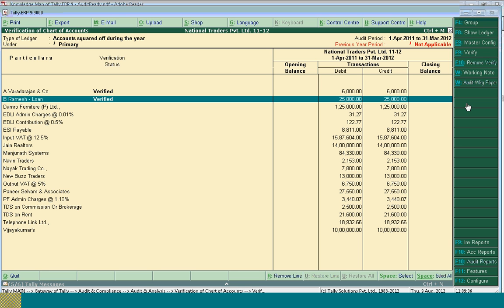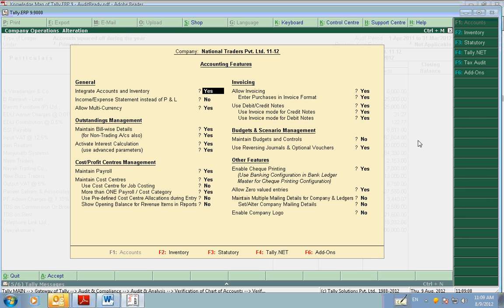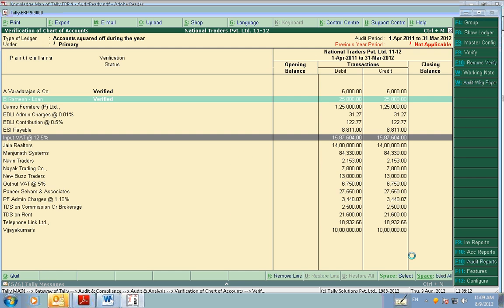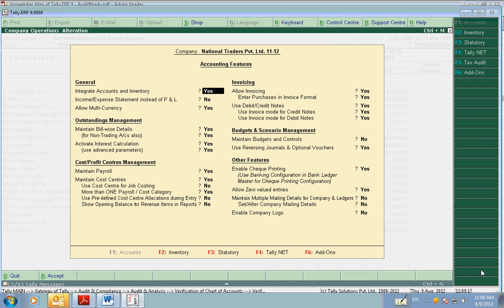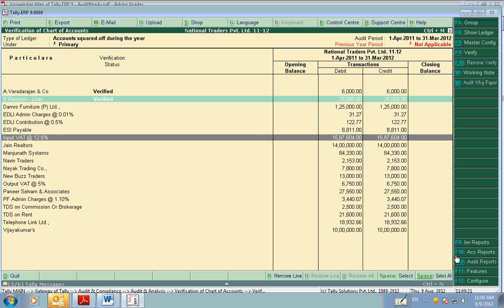We have the F11 features. We have the option F5, that is the audit. So let me just show you all that, how this audit working paper comes.